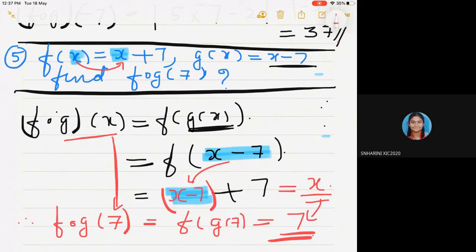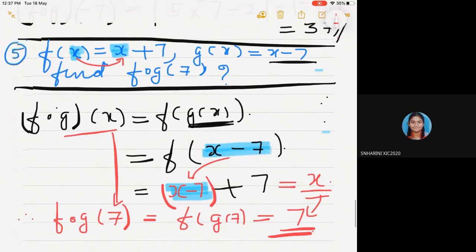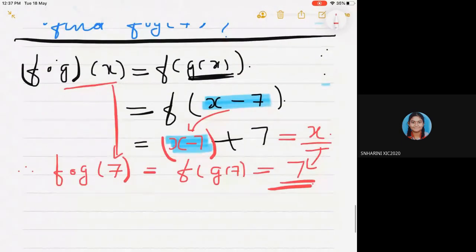So 4-5 questions of previous year papers I've done. Please write fast.